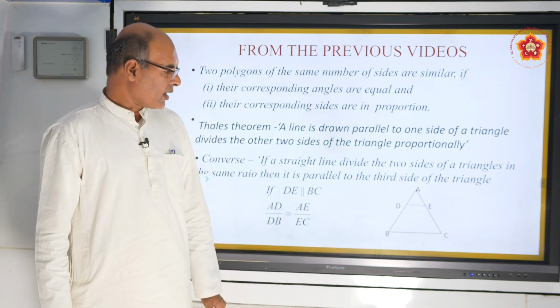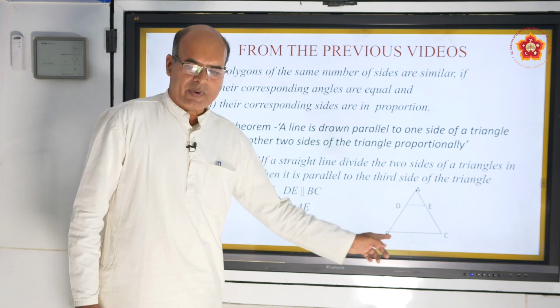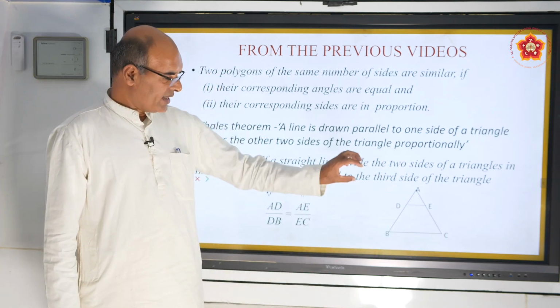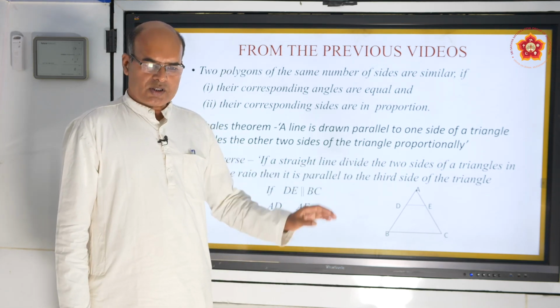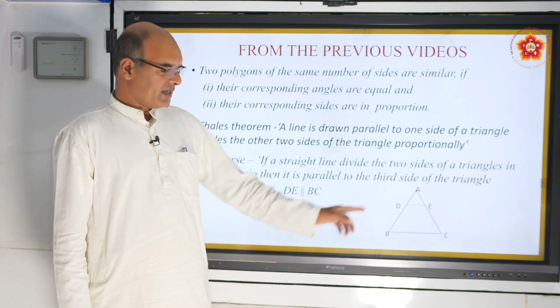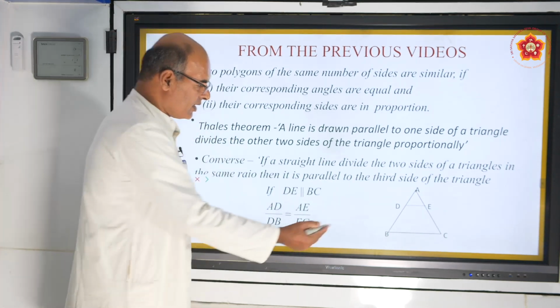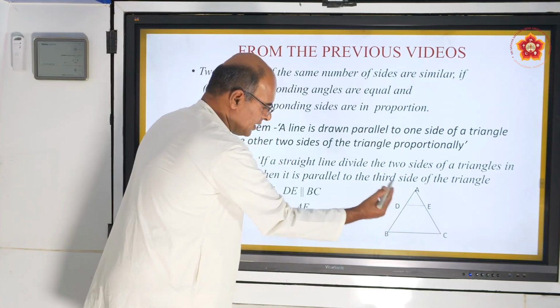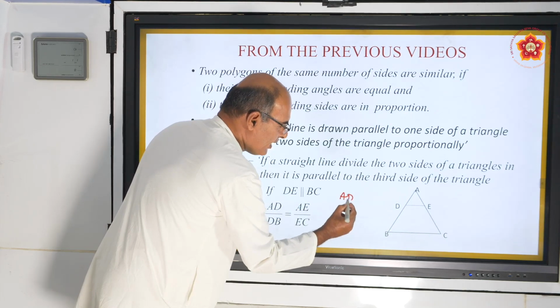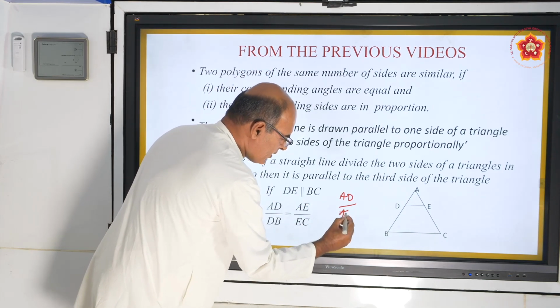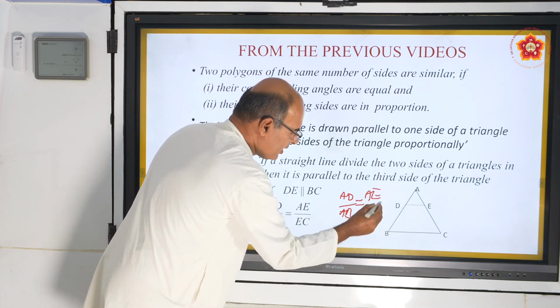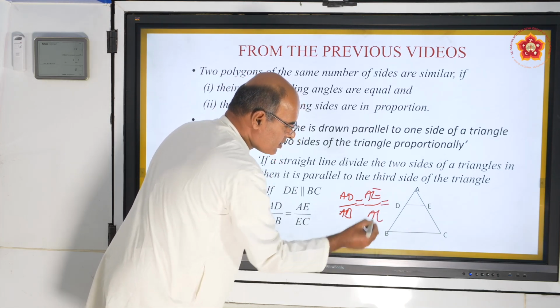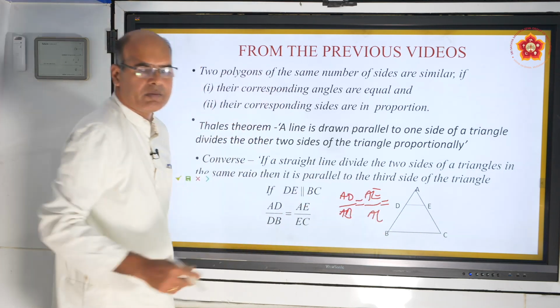Another important corollary is, if a straight line is drawn parallel to a side of a triangle, then the sides of the intercepted triangle are proportional to the corresponding sides of the given triangle. That is, if DE is parallel to BC, then AD divided by AB is equal to AE divided by AC, which is also equal to DE divided by BC.